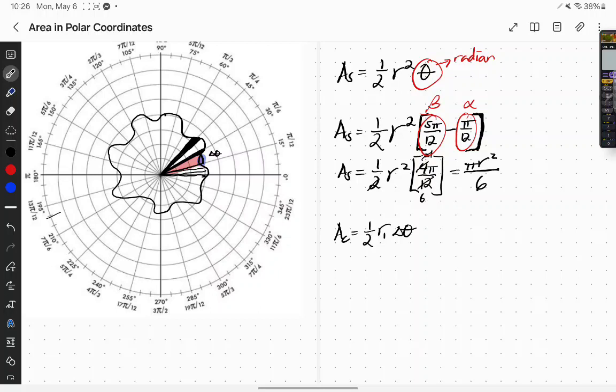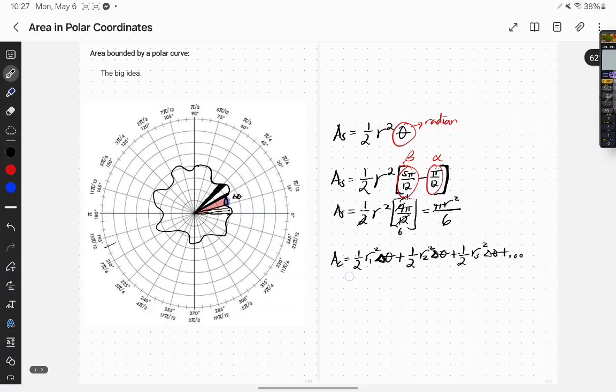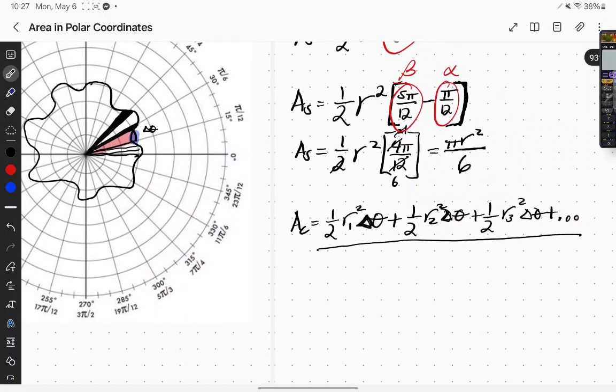The only difference is the radius that we are given. Plus 1/2 r2 squared delta theta, plus 1/2 r3 squared times delta theta, and so on and so forth. As you can see, this is just a summation, so we can represent it using sigma notation.